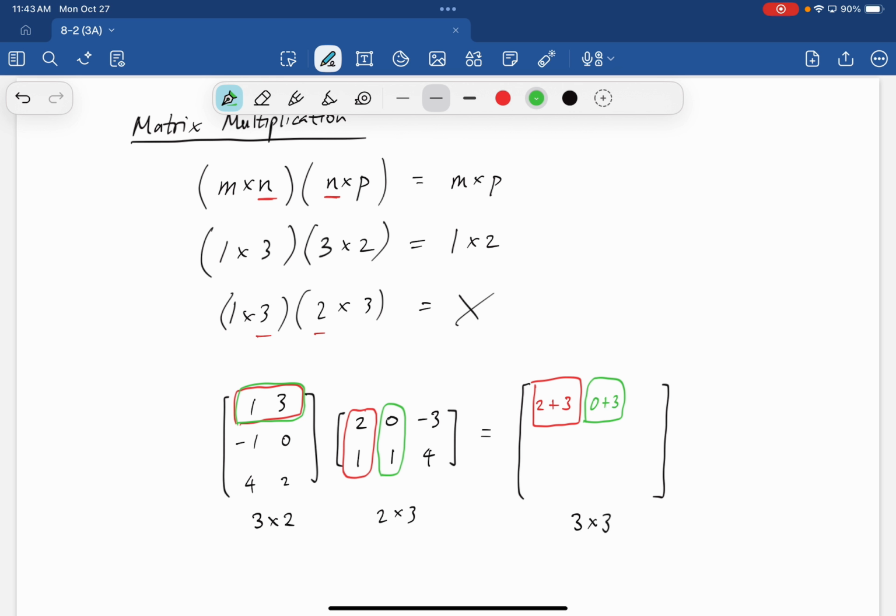All right? It's 1 times 2 plus 3 times 1. And then the second one, 0 plus 3, that comes from 1 times 0 plus 3 times 1.